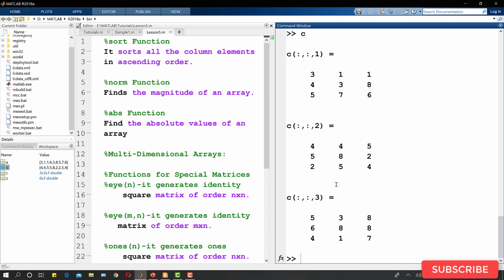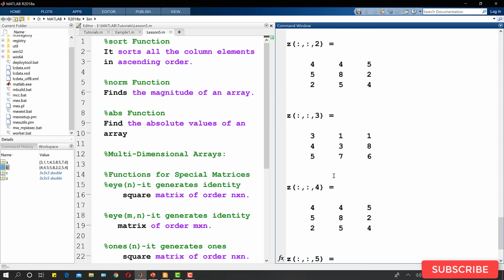Now if I want to place all these three matrices one above each other, I can write, let's suppose I want to store them in Z matrix, so I will write Z = cat(3, A, B, C). Now, as we can see, how many pages does Z have?